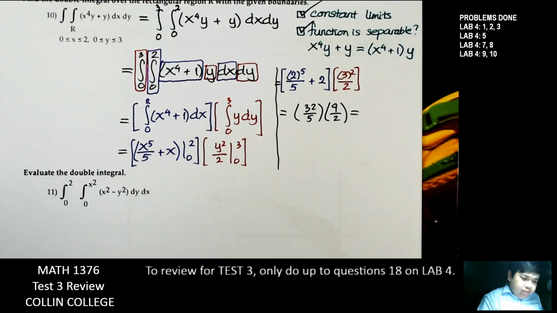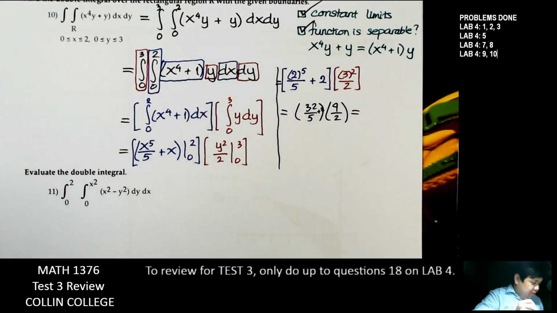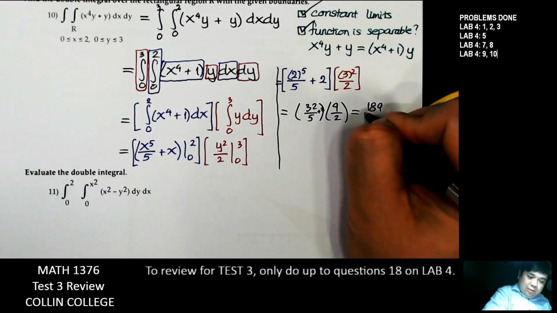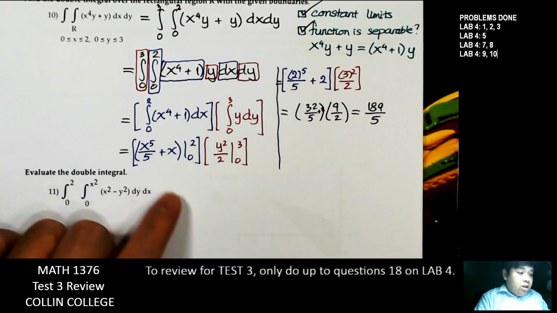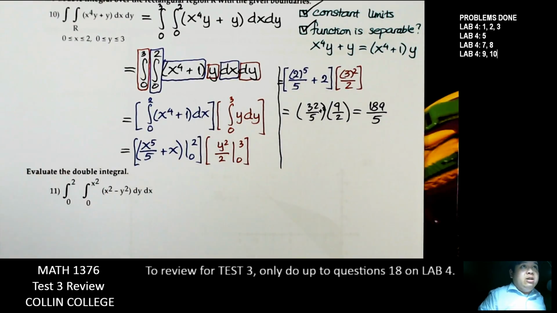Or maybe, sorry, where's the 2? Right, 144 over 5 is wrong, it is 144 over 10, which is 72 over 5. Of course, on the test you can just use the calculator to evaluate each one of them, multiply, and you should have that.